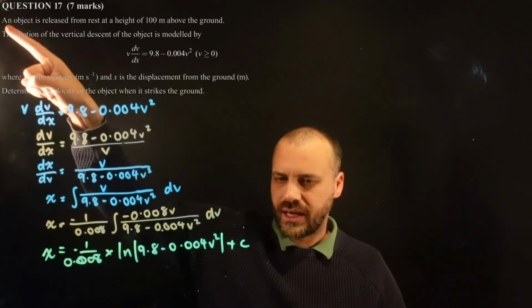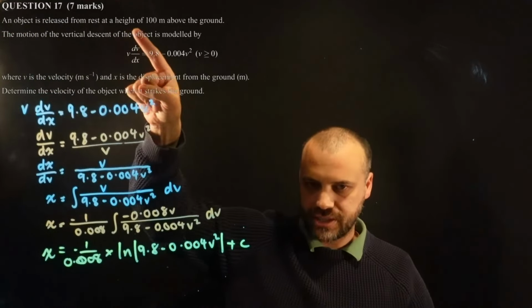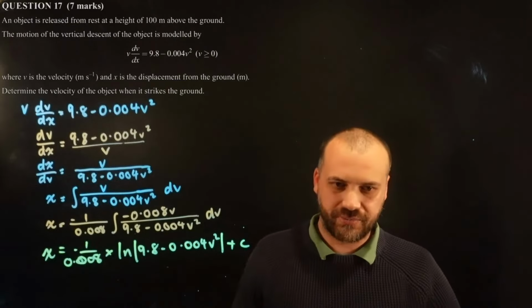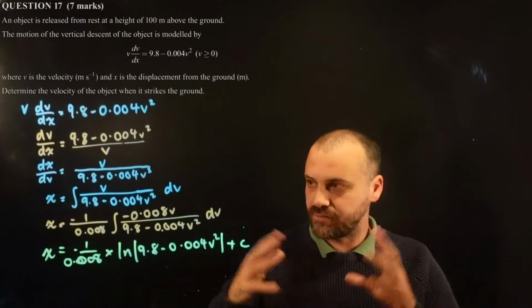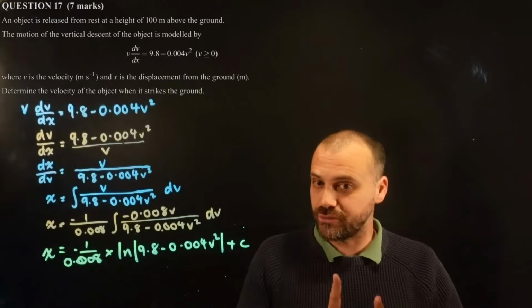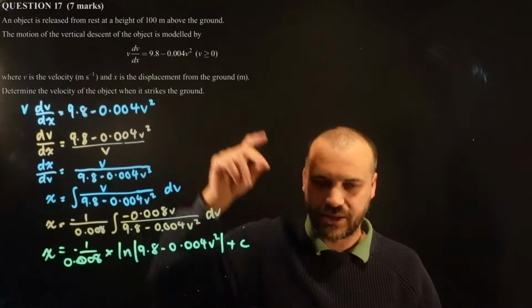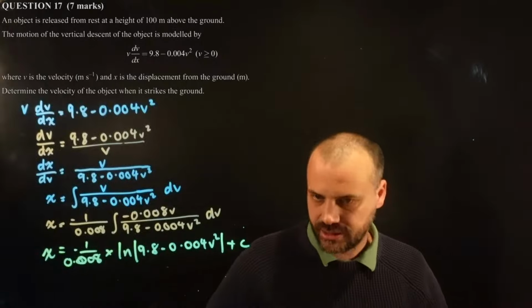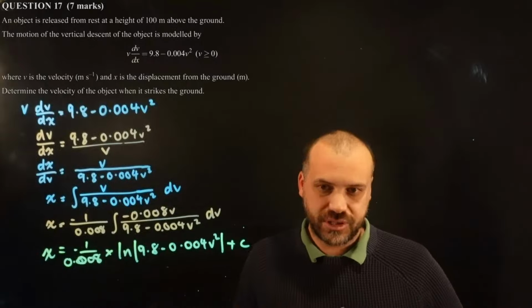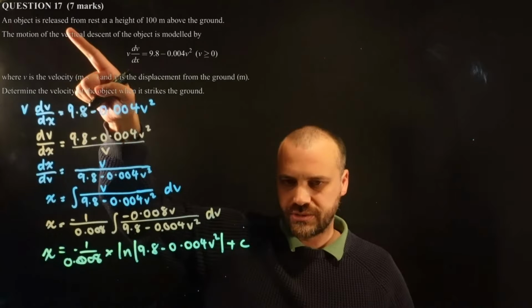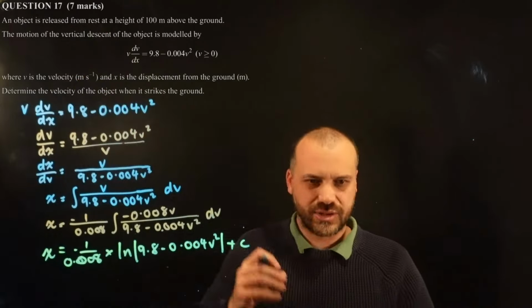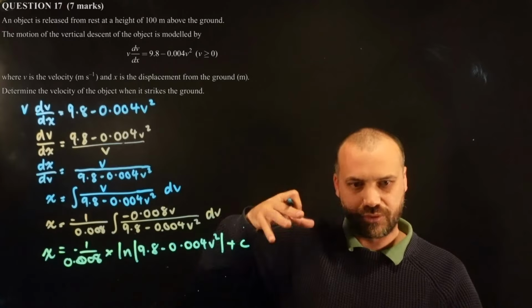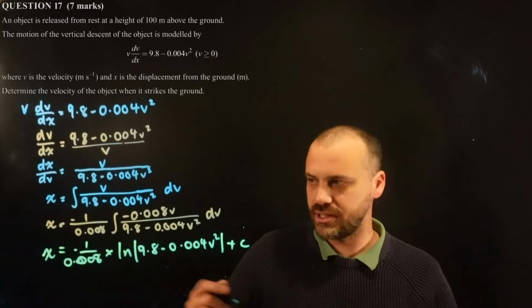All right. An object is released from rest at a height of 100 meters above the ground. Now, I'm going to admit that I've made this video and gotten it wrong because I read this and I jumped too fast to the answer. So let's read it and make my mistake. An object is released from rest. Okay, so if you drop an object from rest, its initial velocity is 0.